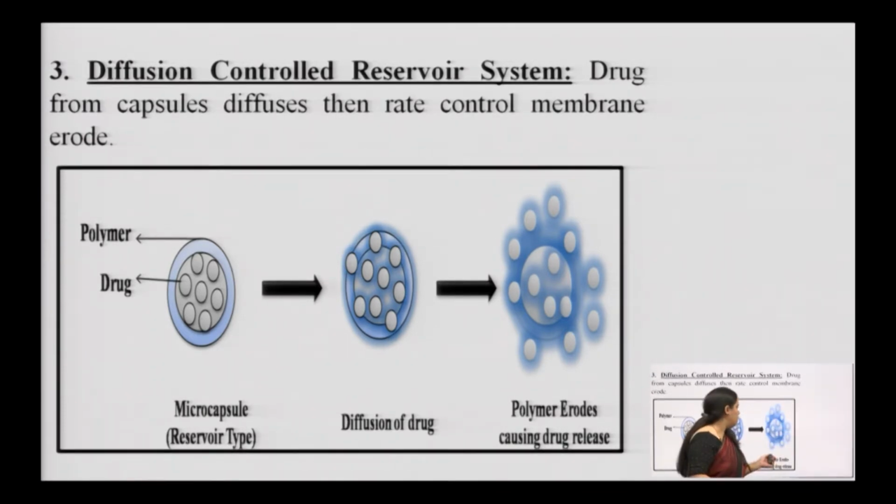After a long time the polymer erodes, meaning degradation again, or it will burst and release the remaining content of the active component. So this is the third mechanism of drug release from the microspheres.